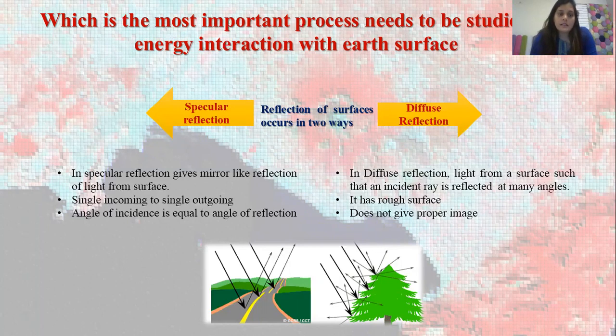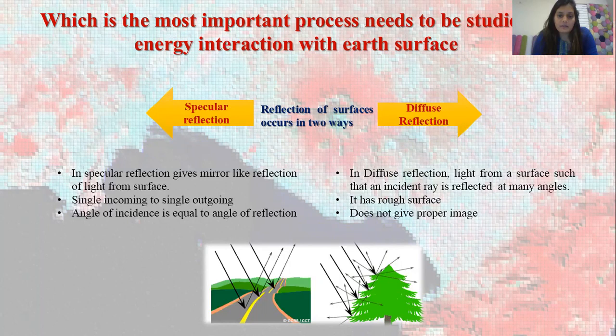So specular reflection is the way we can properly analyze our satellite image and get proper information from the radiation recorded in the sensor.